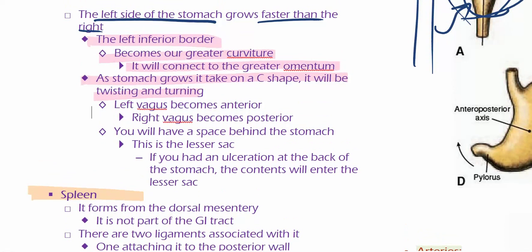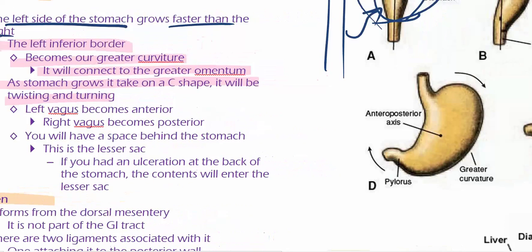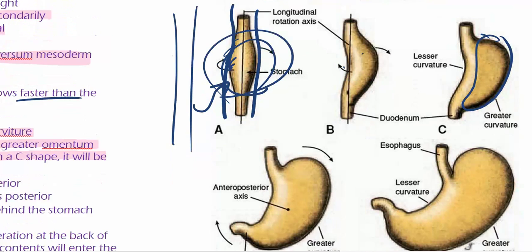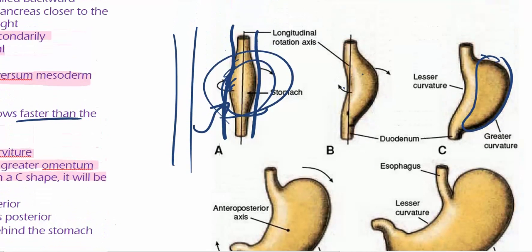Also, the vagus nerve. The vagus nerve was originally traveling on the sides of this gut tube, like this. So let's just say this is the left vagus, and this is the right vagus nerve.